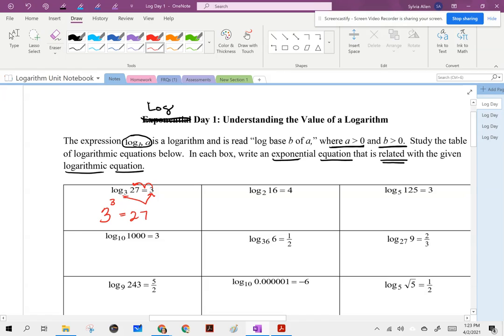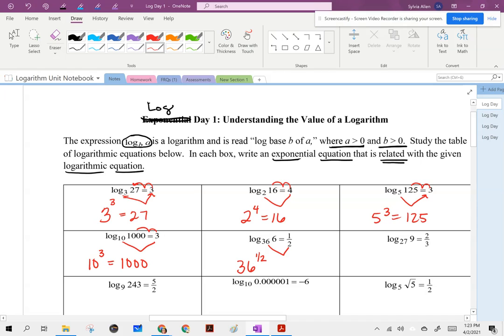So that's just exponential form. So we have 2 to the 4th power equals 16. 5 to the 3rd power equals 125. 10 to the 3rd power equals 1,000. So again, all we're doing is rewriting.